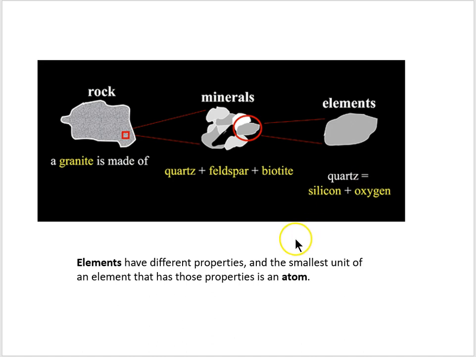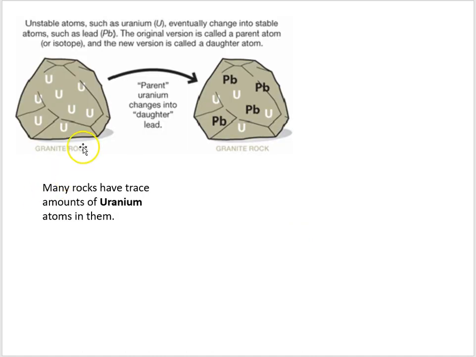But elements have different properties, and the smallest unit of an element that has those properties is an atom. So let's imagine we have a chunk of granite here. Many rocks have trace amounts of uranium atoms in them. Uranium is one of the 92 different kinds of elements, and the smallest unit of the element is the atom. Now, something interesting happens to uranium atoms. They decay over time.